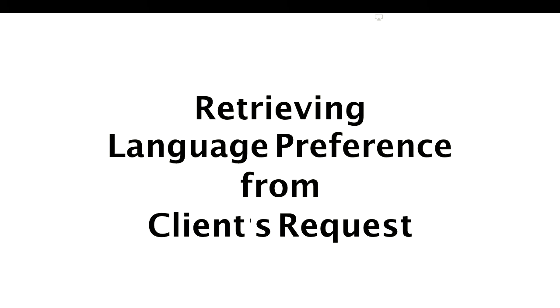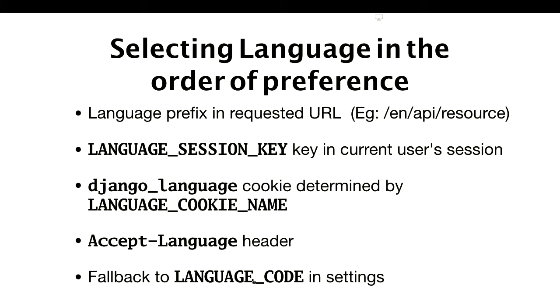Before moving on, we'll see how you retrieve the language preference from the client's request. Now we need to decide how to track the language the client wants to communicate in. There are different ways to get the language preference in an HTTP request. In order to retrieve it, the locale middleware tries to determine the user's language preference by the following algorithm. First it looks for the language prefix in the requested URL. This is only performed when you're using the i18n_patterns function in your root URL conf.